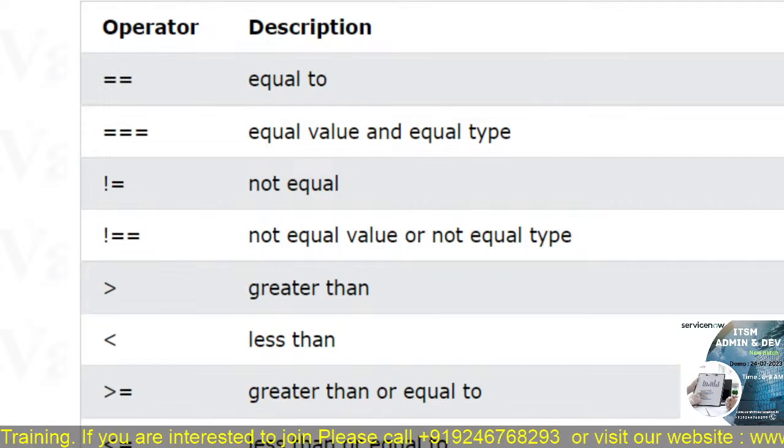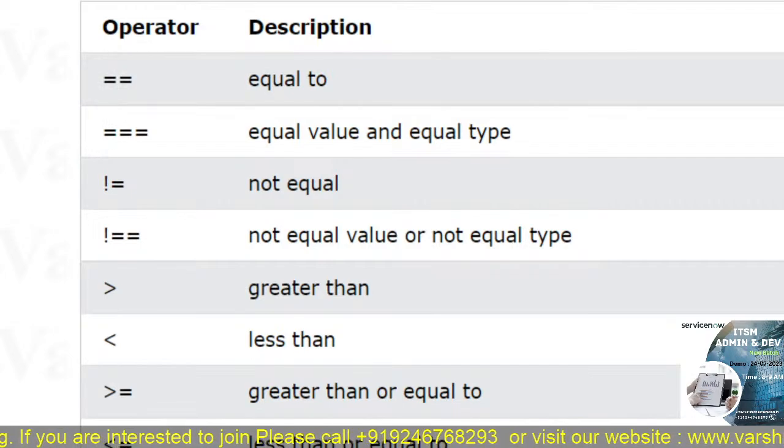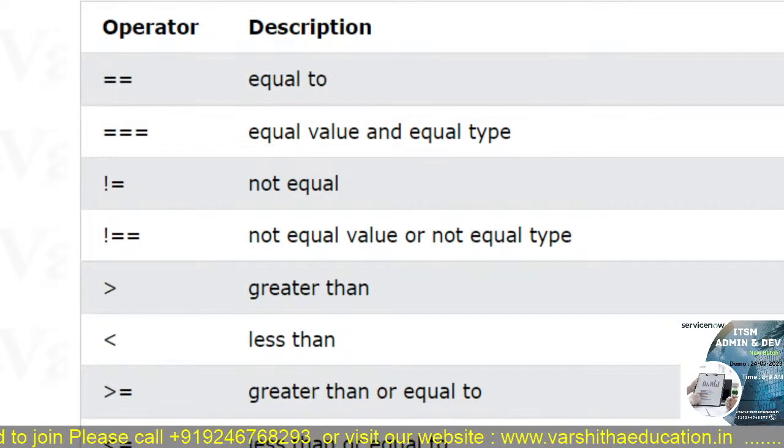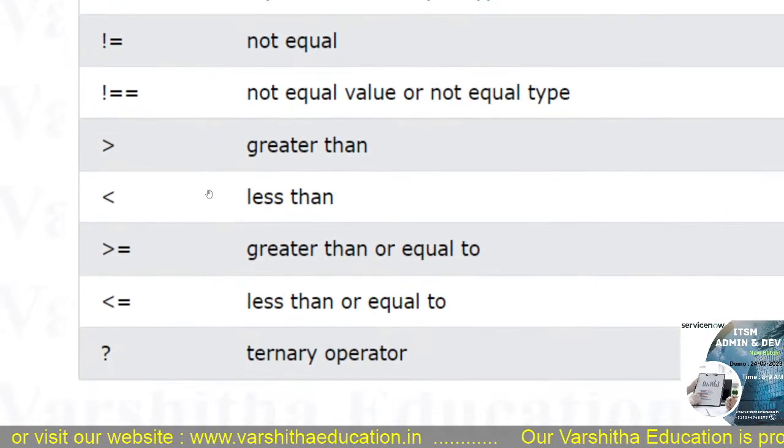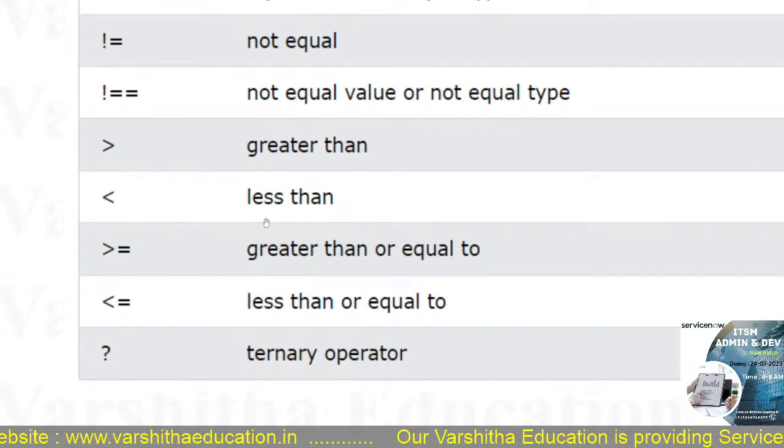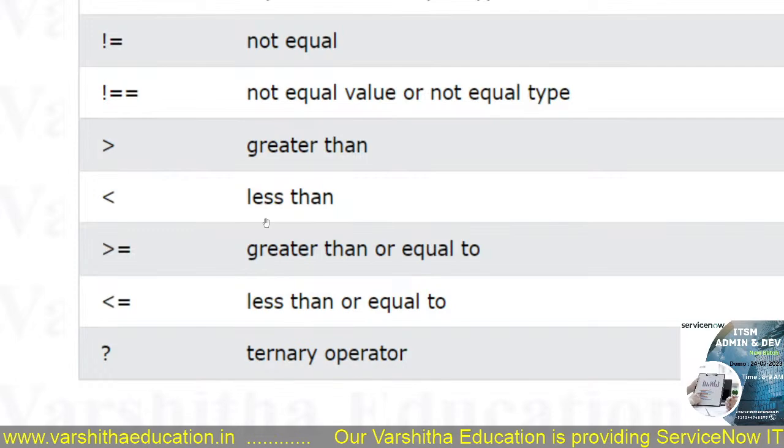And next is not equals to. If I keep not double equals, it checks the value and the data type also. Both it will check. And then greater than, less than, greater than or equals to, less than or equals to, and the ternary operator. You know very well about greater than, less than, and or equals to like this.